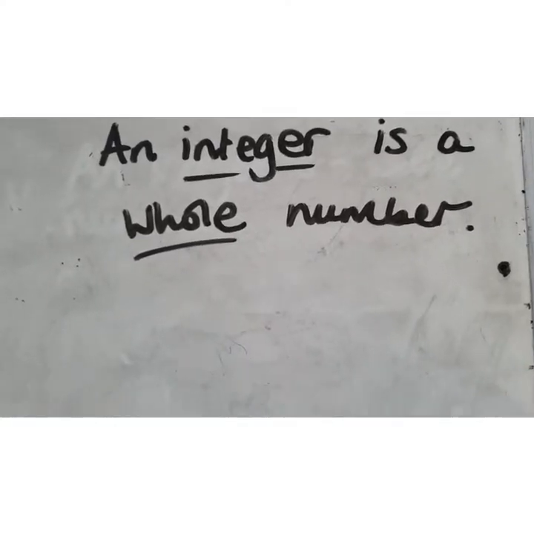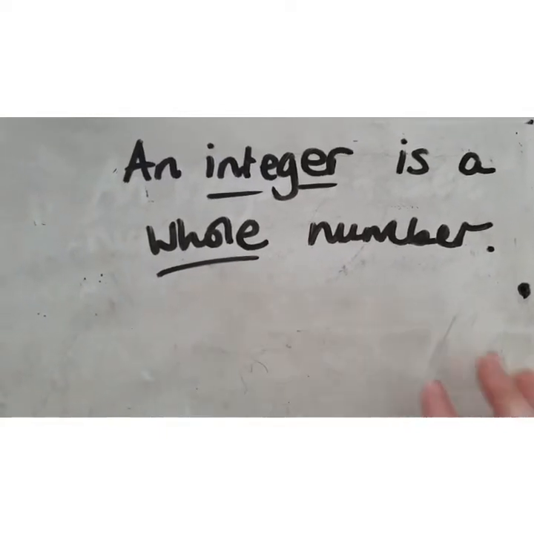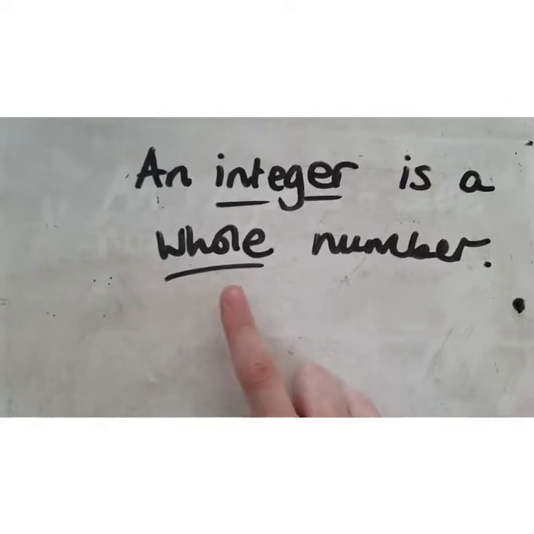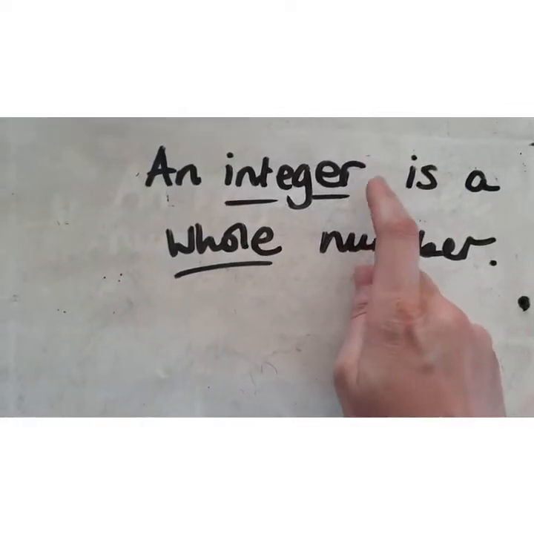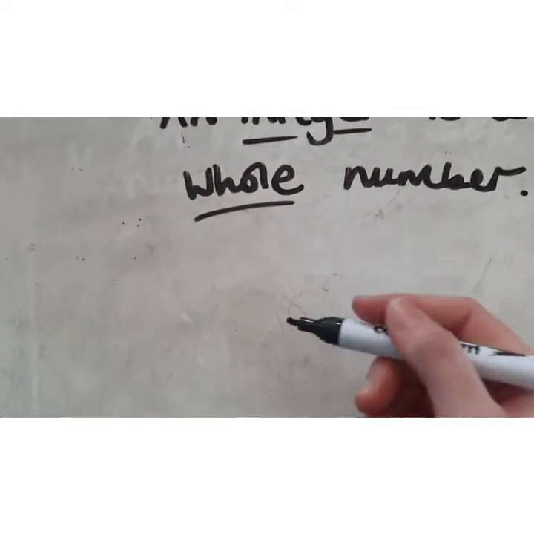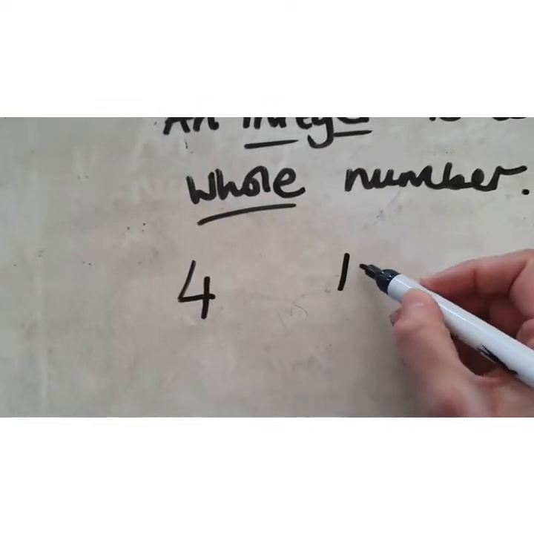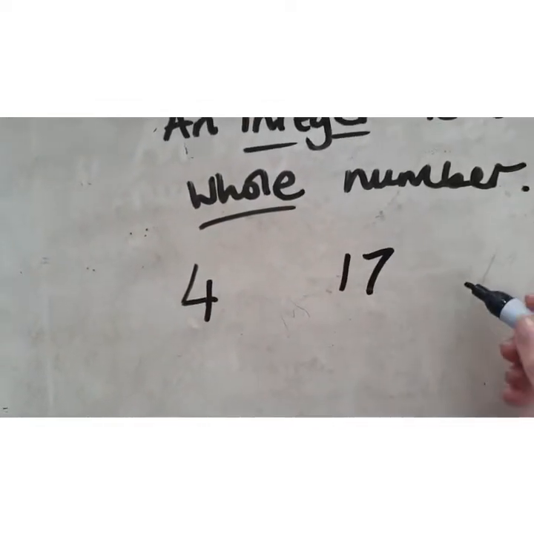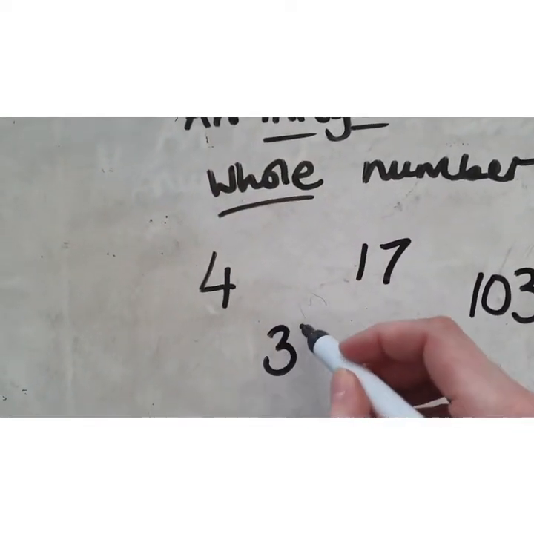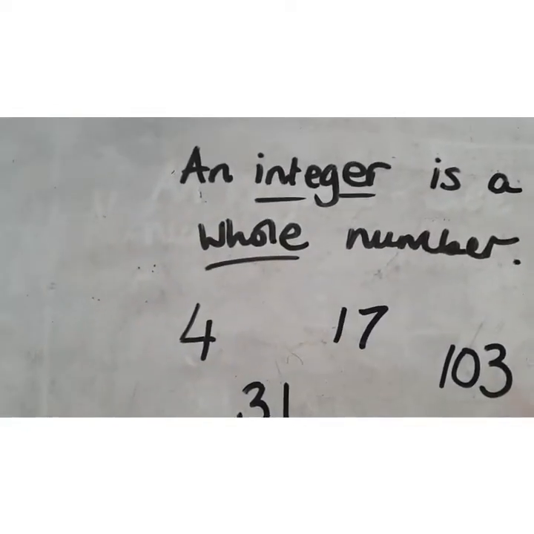So, if you are wondering what an integer is, it is the mathematical term for any number that is a whole number. So because we are mathematicians, we are going to use the proper mathematical vocabulary for whole numbers. So whole numbers could be anything from 4, it could be 17, it could be 103, it could be 31, it could be 4,037,617.